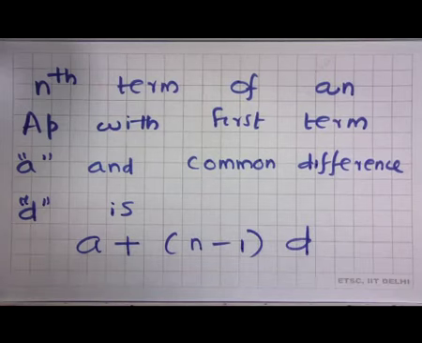When we have to deal with n terms, we can have n minus 1 common differences, which when added to a will give the nth term.